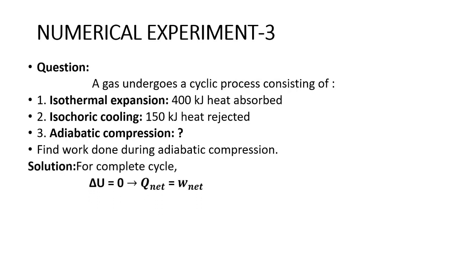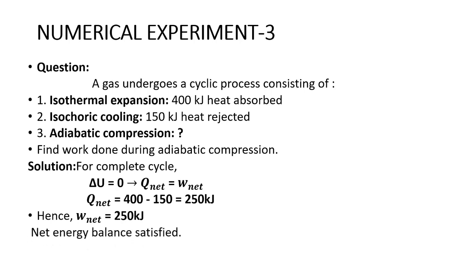Since delta U is 0, Qnet equals Wnet; whatever heat we supply equals work done. From the question, Qnet is 400 minus 150, so Wnet is also 250 kilojoules. The net energy balance is satisfied.